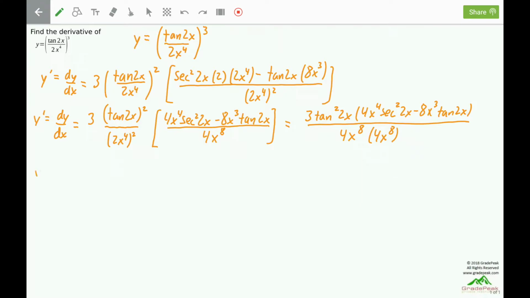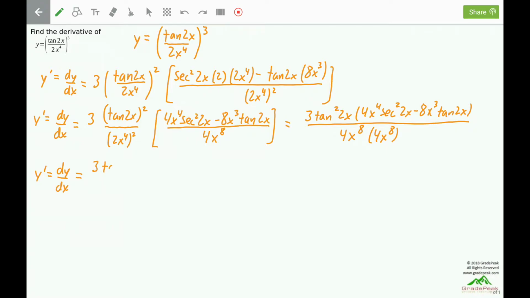Now in our next step, we're going to factor the numerator, because the numerator, what's in the parentheses, has a common factor of, it looks like we can take out a 4, and it looks like we can take out a power of x as well. Now we can do this one thing at a time, or all at the same time.